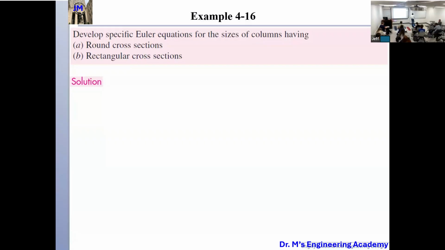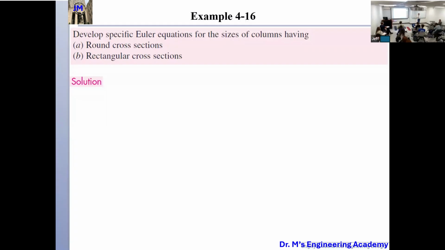The second one for the B is rectangular. This is rectangular, and it can be this way, or it can be this way. So how to solve the problem: for I equals B H to the power 3 divided by 12.